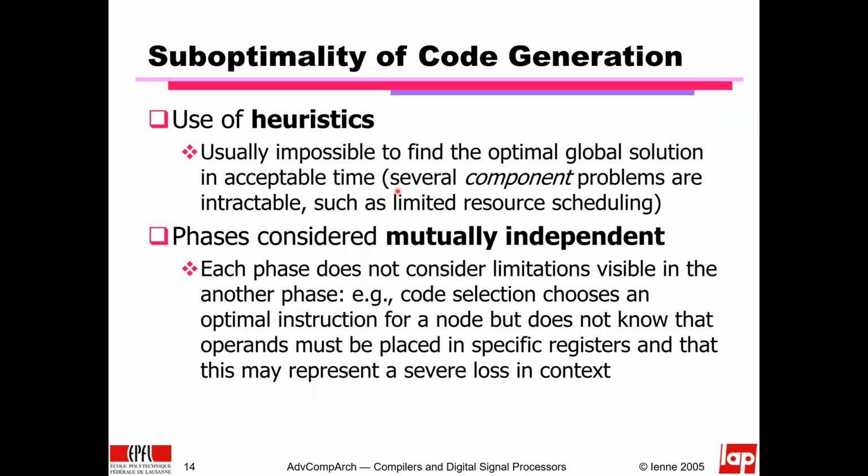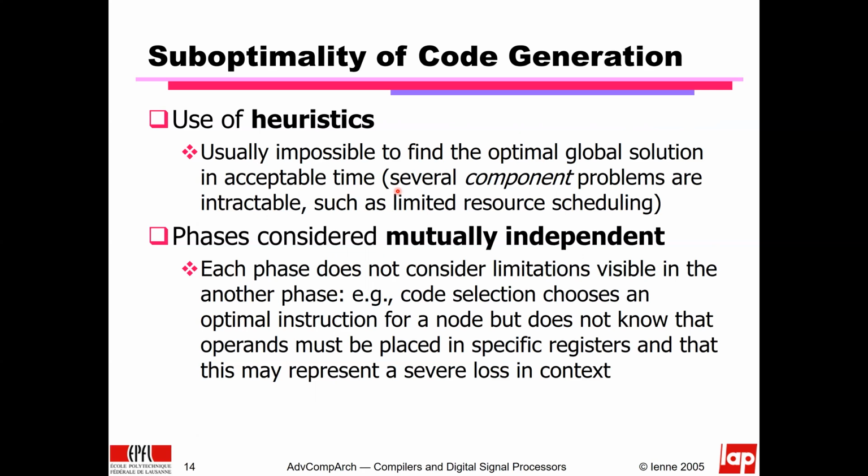The idea is to make the architecture in such a way that if I don't consider register allocation while I am doing code selection, I will not lose much, because I will make an optimal or a good choice for the code selection, and then register allocation can be done anyway, so no big deal, right? So this was one of the big achievements of RISC instruction sets: to help independence of these three phases that we have seen.